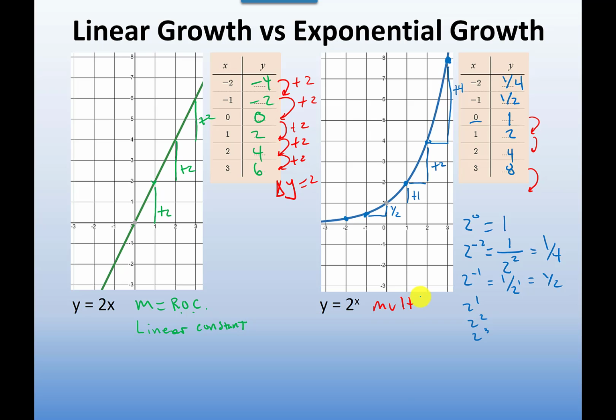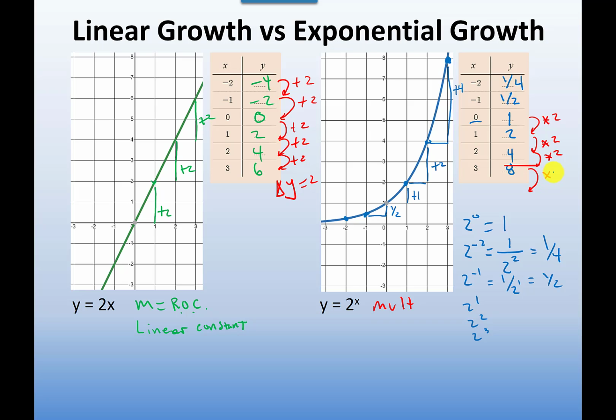And so if we consider multiplying 1 times 2, I'm going to make a star for multiply. 1 times 2 makes 2. Does that pattern continue itself? Well, what's 2 times 2? That's 4. What is 4 times 2? That's 8.